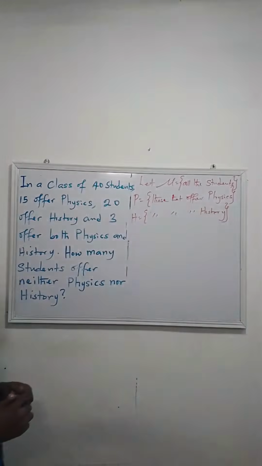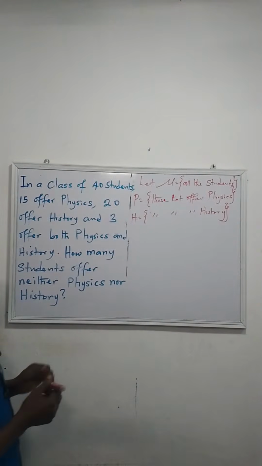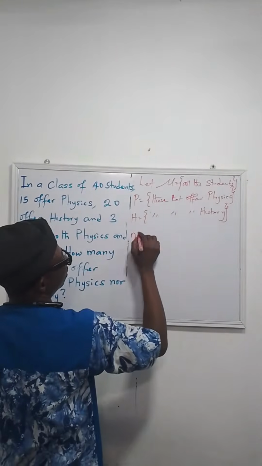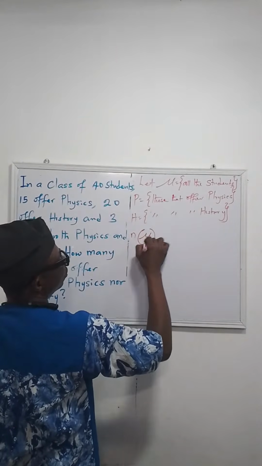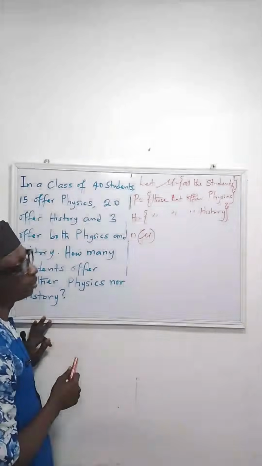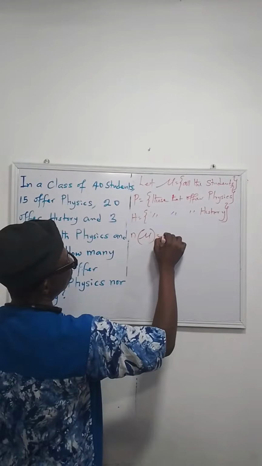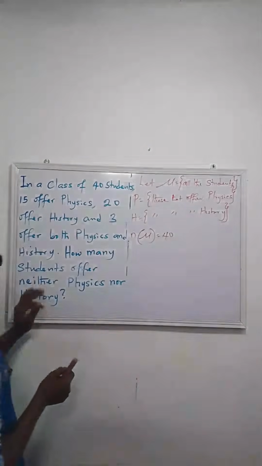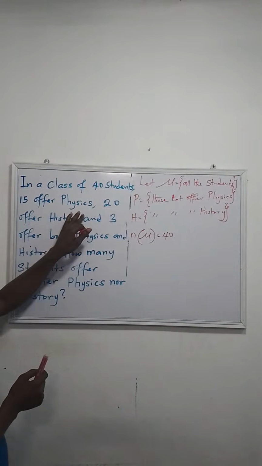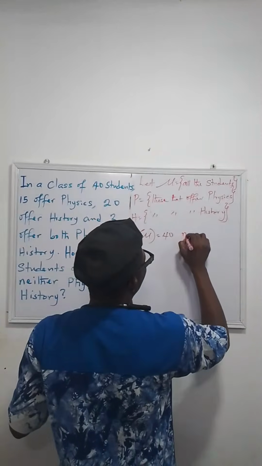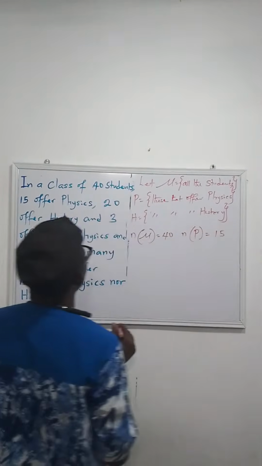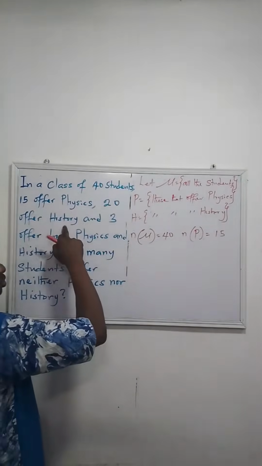All right. So now, in the question, we are given the number of all the students. That is n of U, that is 40 students. Now, 15 offered physics. So the number of those that offer physics is 15. Now, 20 offer history.